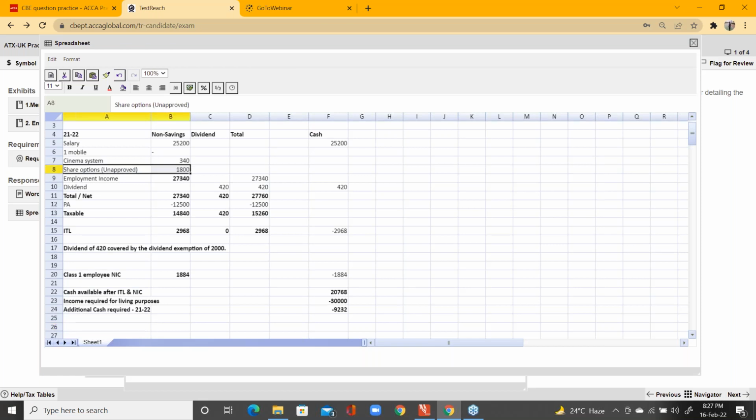This amount would not be available in the next year. The cinema system is given, so the relevant benefit would also be calculated for next year. We are talking about share options. These share options would be a taxable benefit in the fiscal year in which they are received. So these share options were received in the fiscal year 21-22, so this amount will be missed out in the next year.